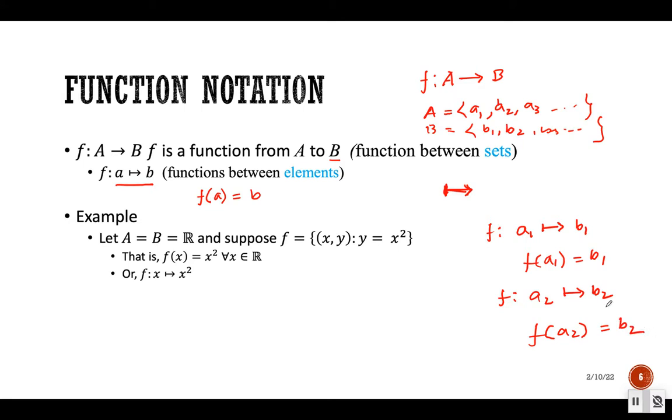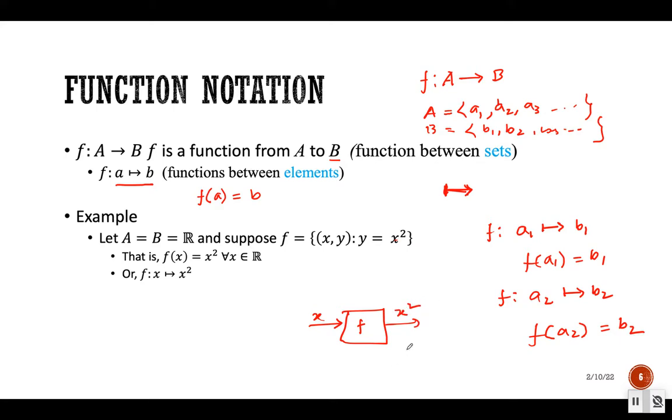Okay, so example, let's say A and B are both the set of real numbers. Suppose we have a function f equal to ordered pairs. F is the set of ordered pairs where y equals x square. So that means we have a function here: if the input is x, the output will be x square.